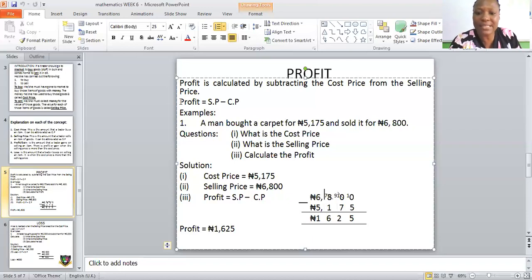And we have 6 here. 6 take away 5, we have 1. So our profit is equal to 1,625 naira. Now let's move to the board and do another example.